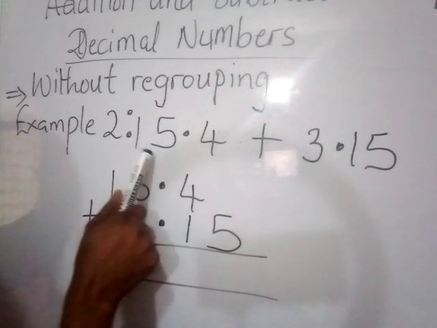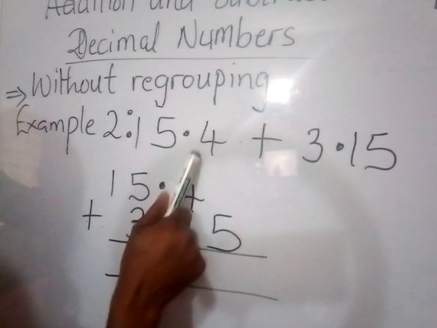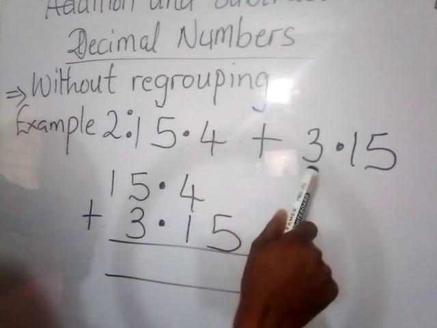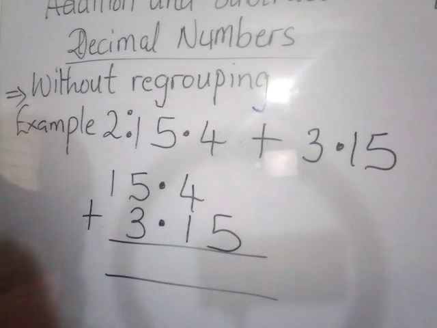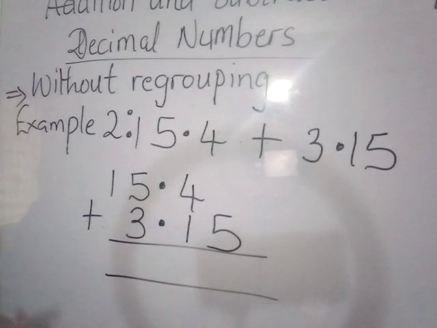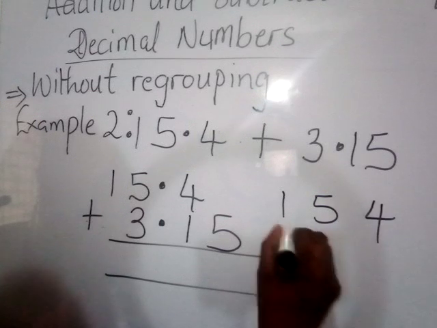But in this case, if you look at the first number, you have 2 digits to the left, 1 digit to the right. Whereas in the case of the second number, you have just 1 digit to the left and 2 digits to the right. Now you are not going to arrange them the same way. It's not business as usual.